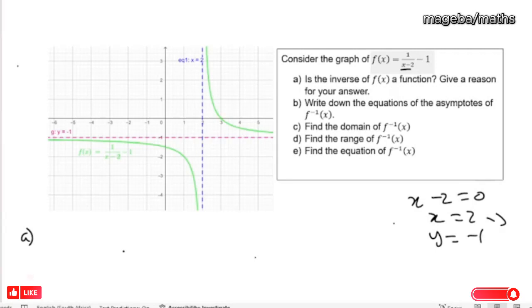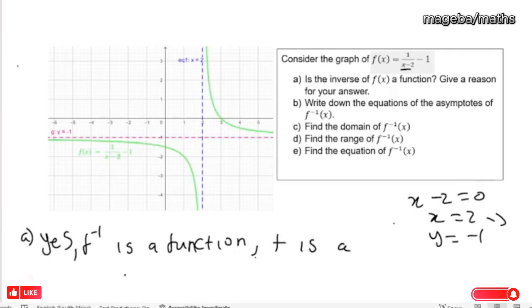Now going to question 1, it's saying: is the inverse of function f of x a function? Give a reason for your answer. I will say yes, it is a function, because f is a one-to-one function.